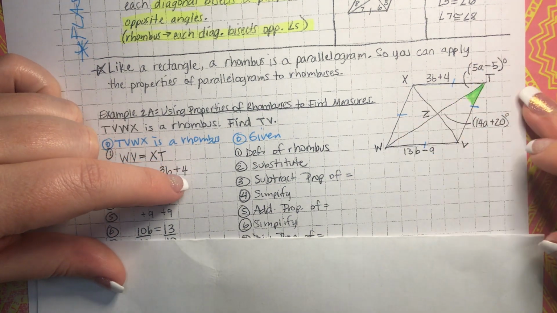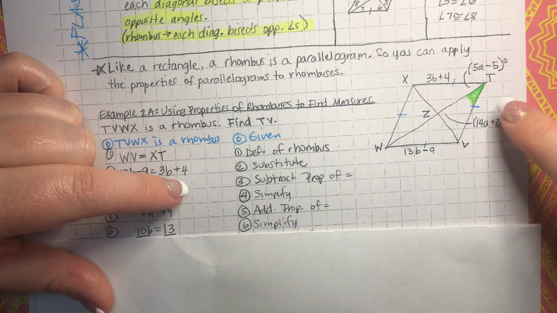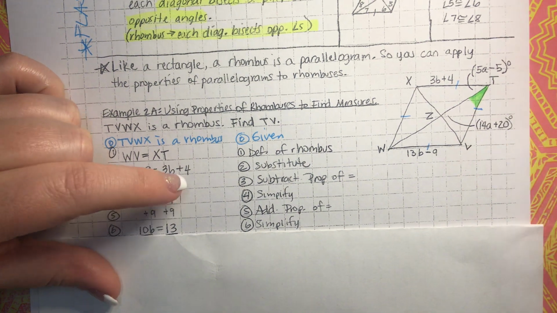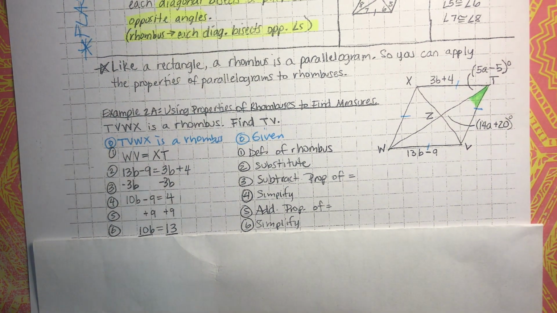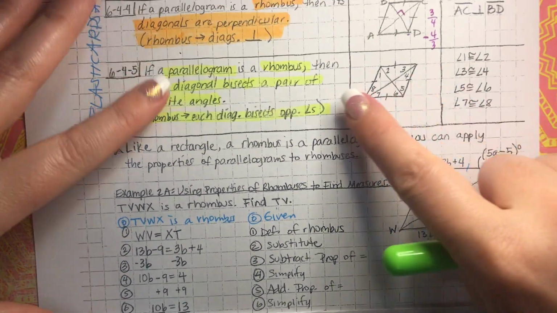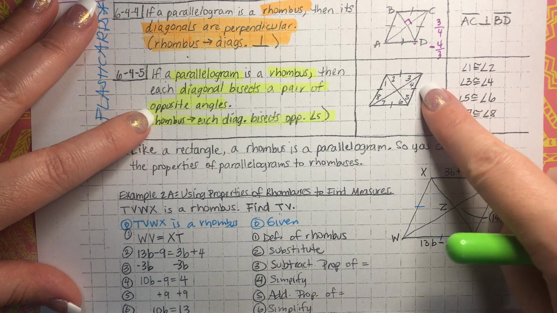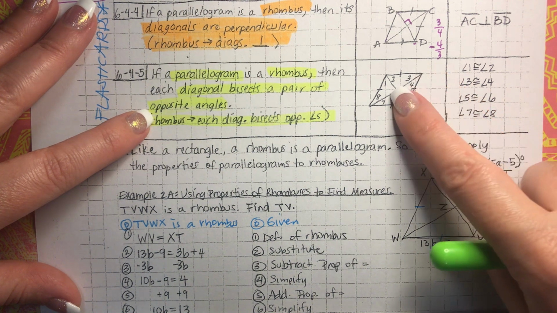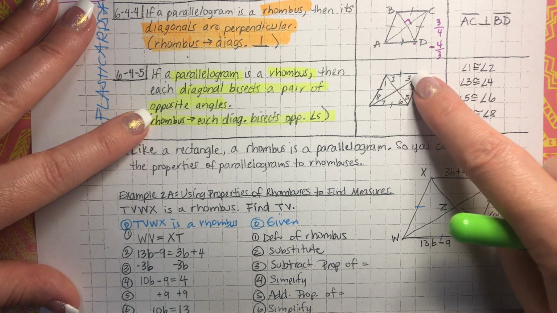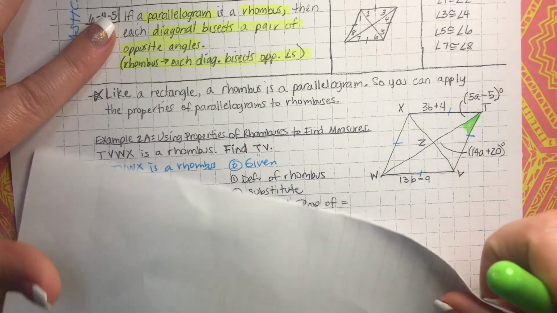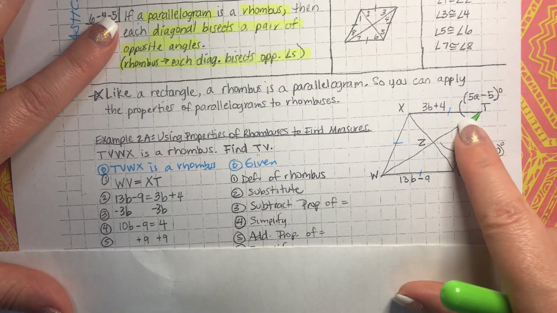Okay, so let's look at this figure. We want to figure out that angle. Okay, so what I know, right? I know that if the parallelogram is a rhombus, then the diagonal bisects each pair of opposite angles. So that means that this diagonal bisects, this is 3 and 4 the same. So I know that this angle and this angle are the same, right?